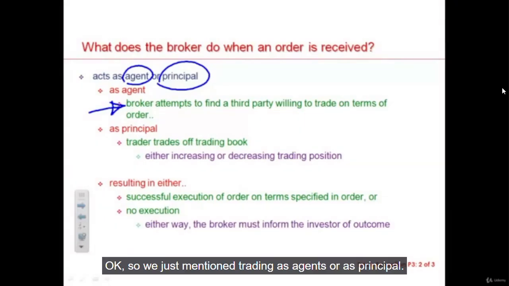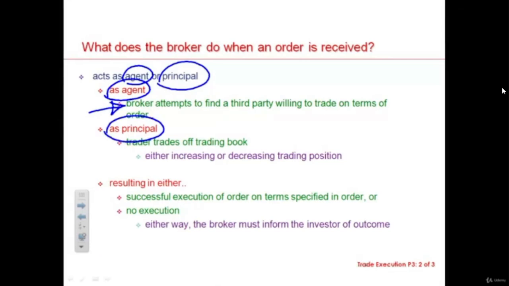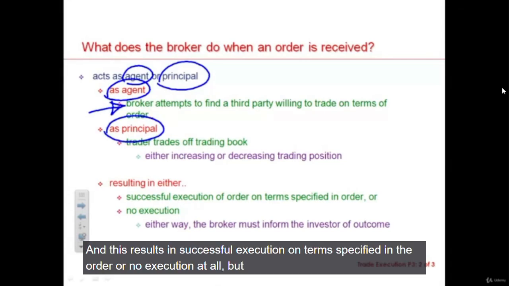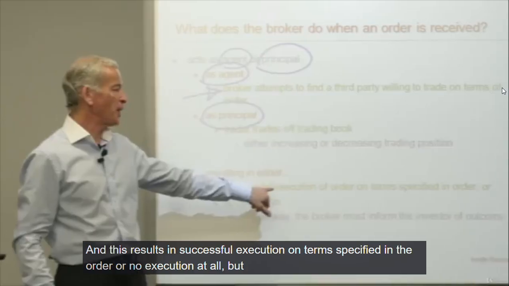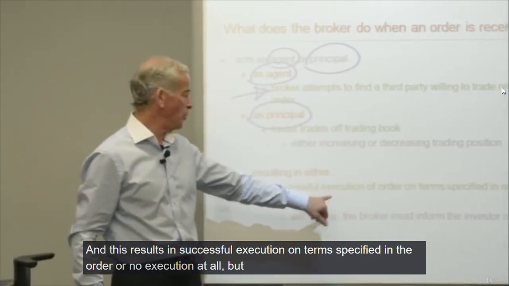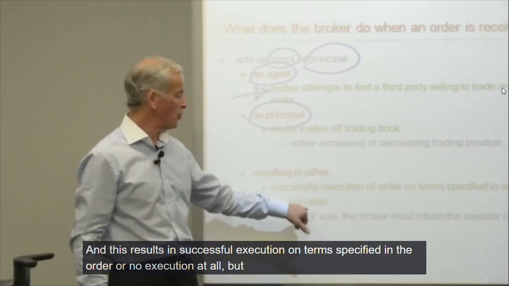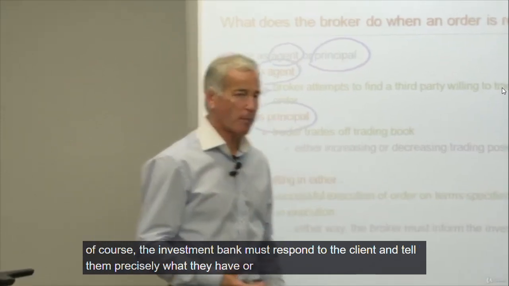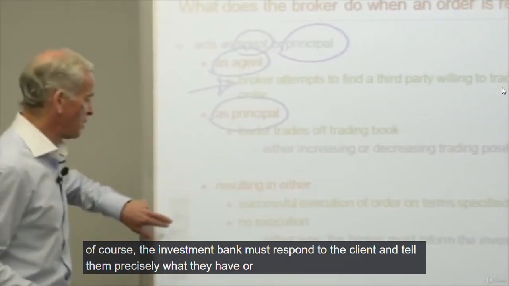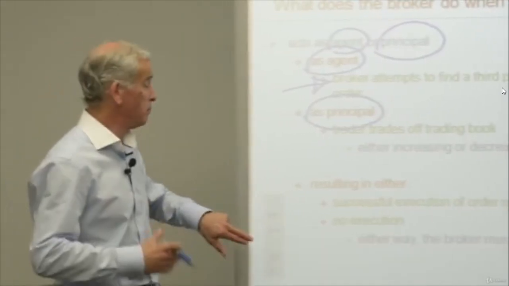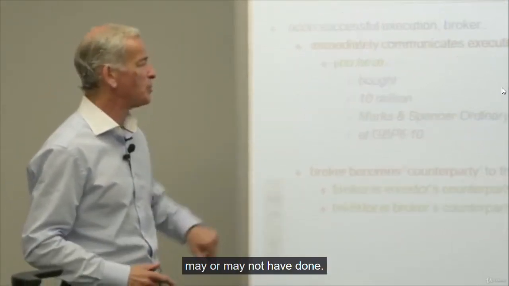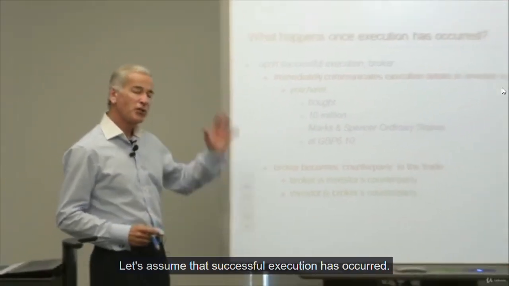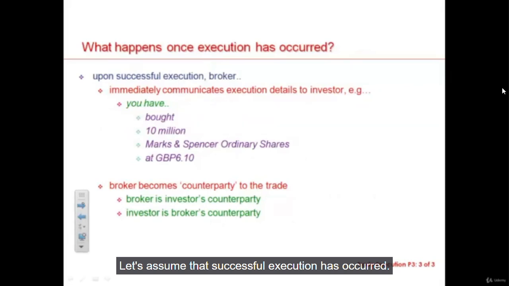Okay, so we just mentioned trading as agent or as principal, and this results in successful execution on terms specified in the order or no execution at all. But of course the investment bank must respond to the client and tell them precisely what they have or may not have done. Let's assume that successful execution has occurred.